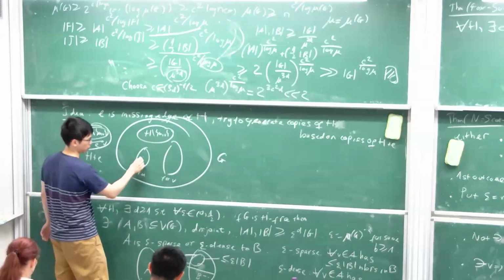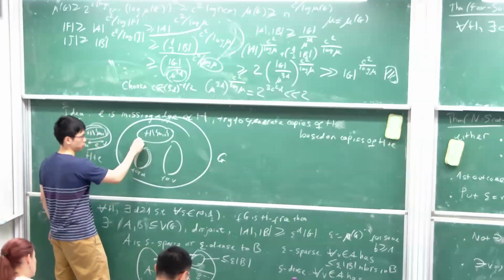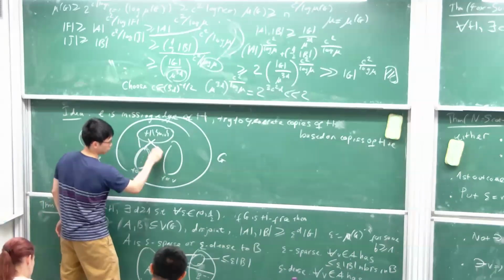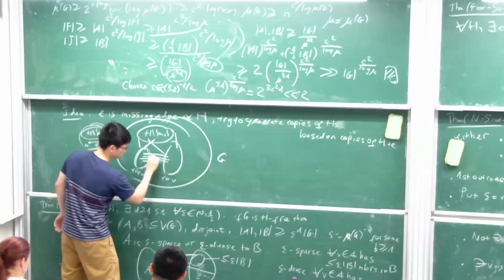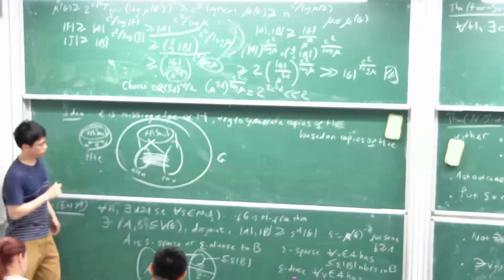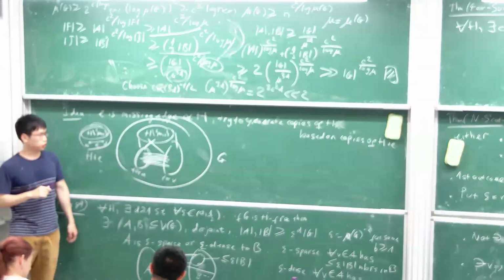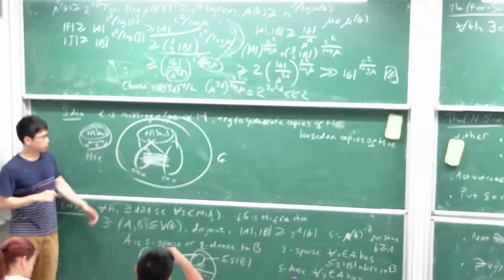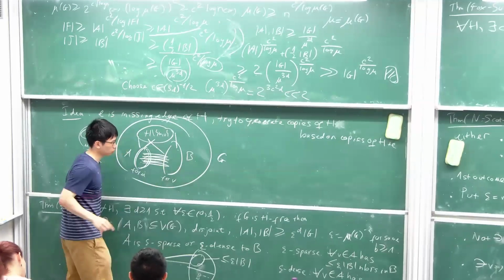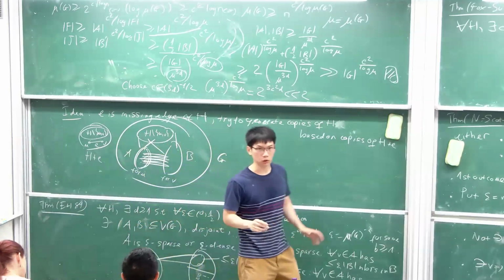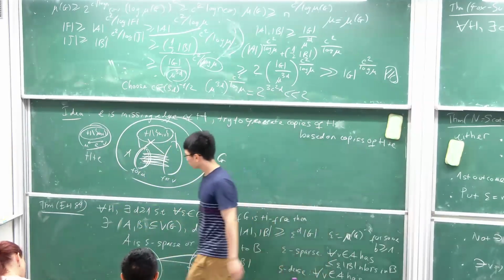Right. So this just said this for U, and here this for V. So there has to be a good number of edges between these two sets, let me say A and B. Already. Is that okay? Right.